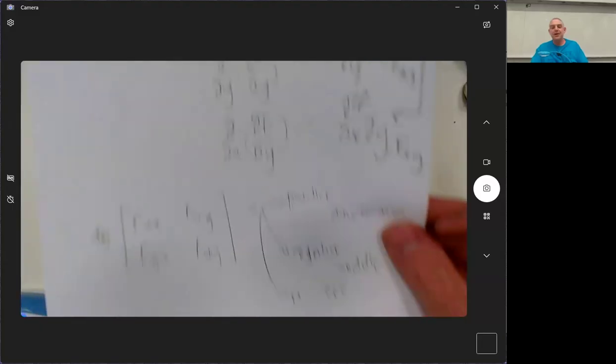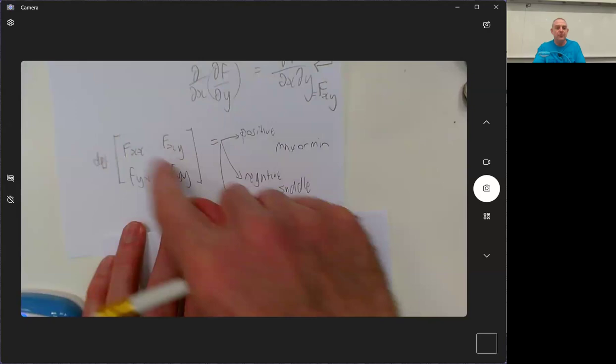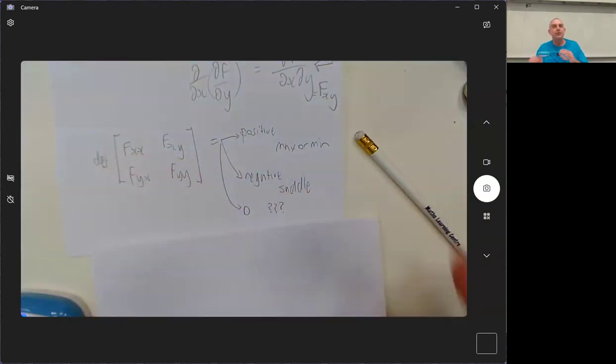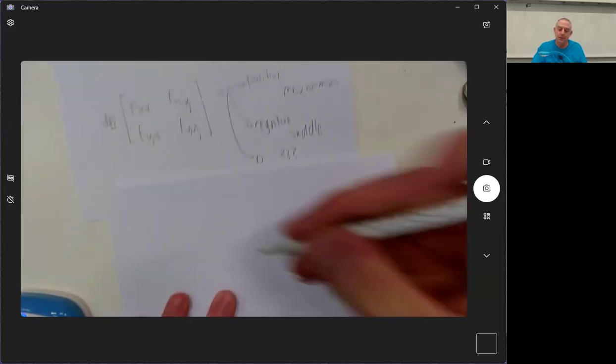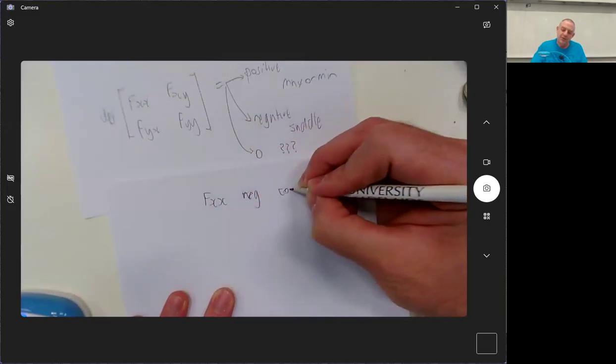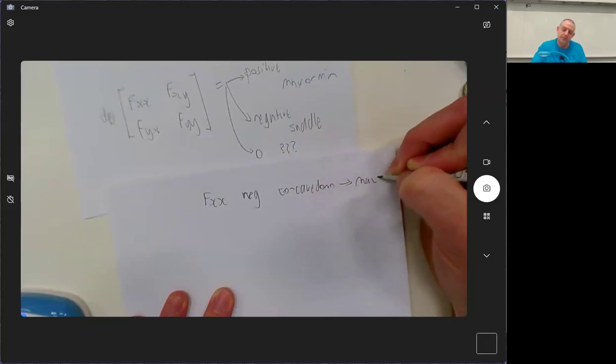After you've decided it's a maximum or minimum, then you'll look at one of these two. If fxx is negative, then you're saying that in that direction, it's one-dimensional, and so that would make it a maximum. So fxx negative would mean it's concave down, which means it's a maximum.